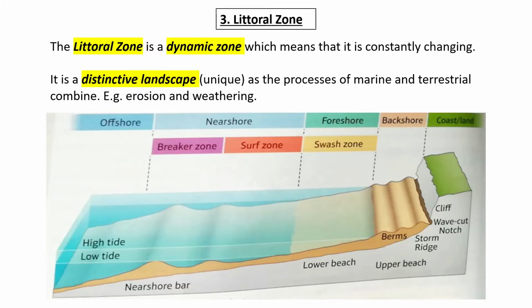So you've got marine erosion and on-land weathering all in the same space, and that doesn't happen anywhere else. So that's what it means by it's a distinctive landscape. And this diagram below is a 3D view of the previous diagram of the littoral zone.